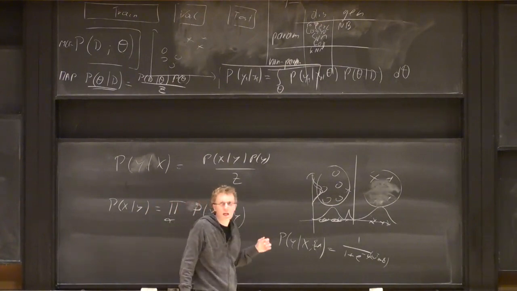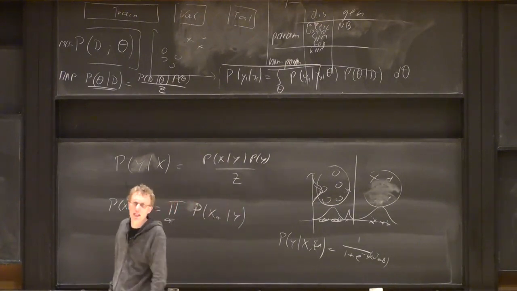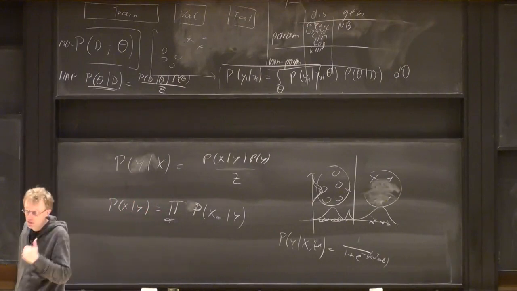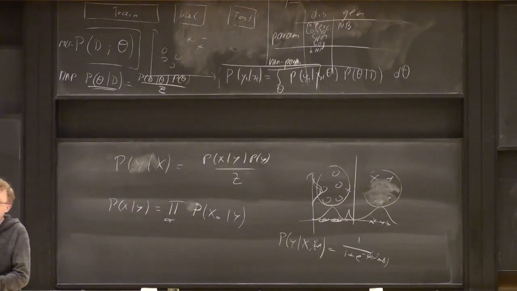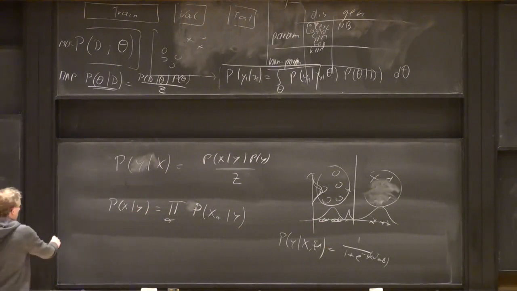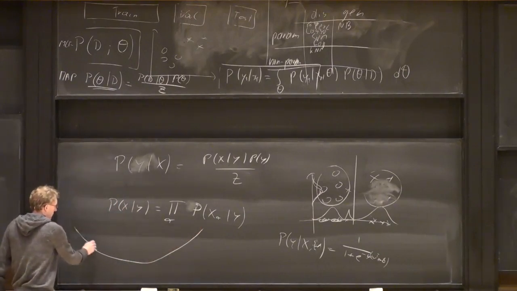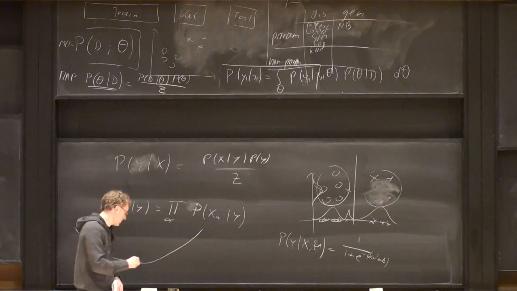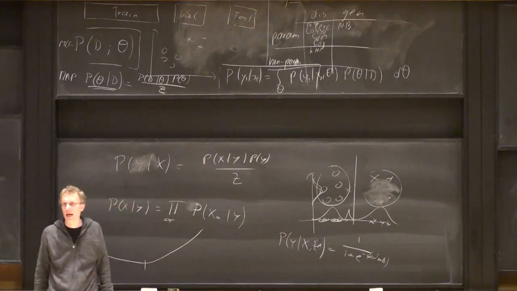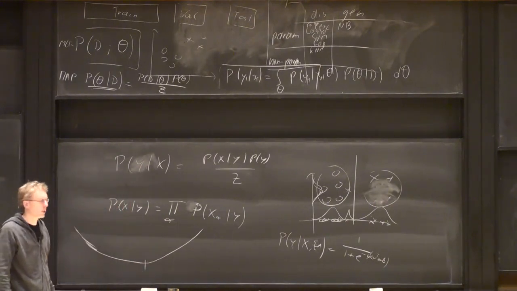In this case, there's a few things I told you about this function. It's differentiable, it is continuous, and it's convex. So that's nice. That means we can do local hill climbing, right? The function looks something like this, some salad bowl shaped thing. It doesn't have to be symmetric. And if we want to find the minimum, that's the maximum likelihood estimate for logistic regression.